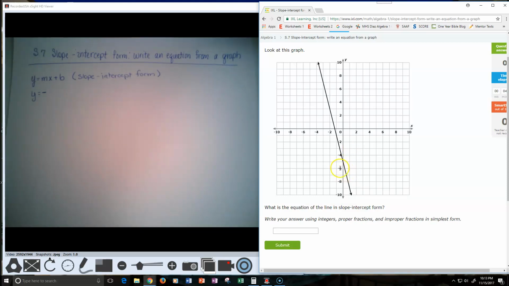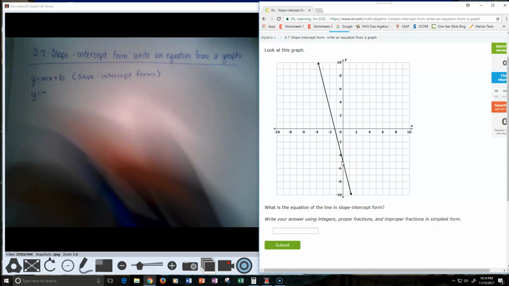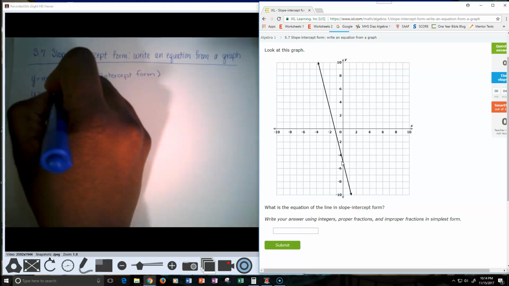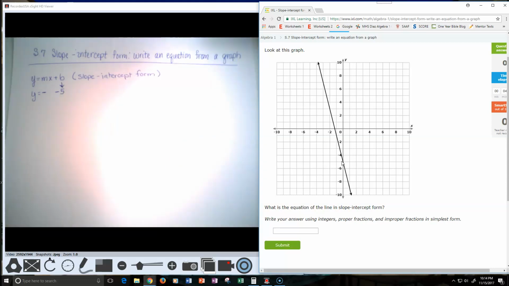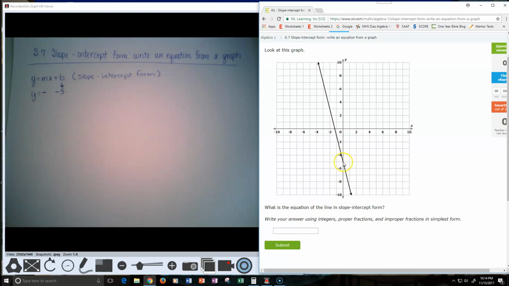Well, one thing that we can do is we can already replace b with our y-intercept. Our y-intercept is -5. So we're going to put -5 in place of b. Now if we start at -5, we're going to count up or down, it's up to you, to find the next intersection.